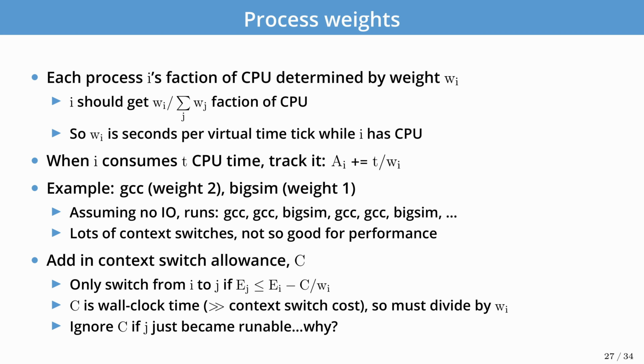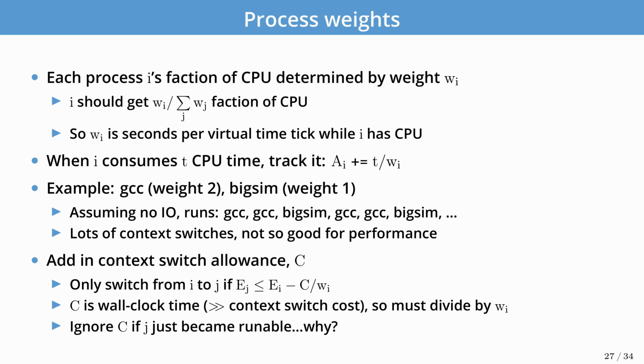The way we can think about this in the case of the BVT scheduler is that w_i seconds of execution are going to be done for every virtual time tick for a given process i. When i consumes T CPU time, we track it by taking A_i and adding T, the time consumed, divided by the weighting factor.